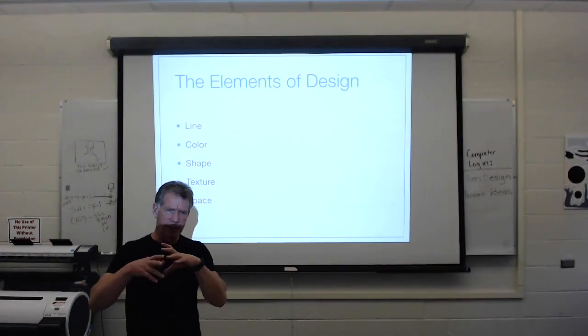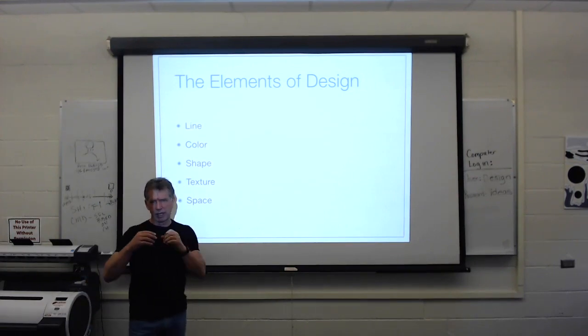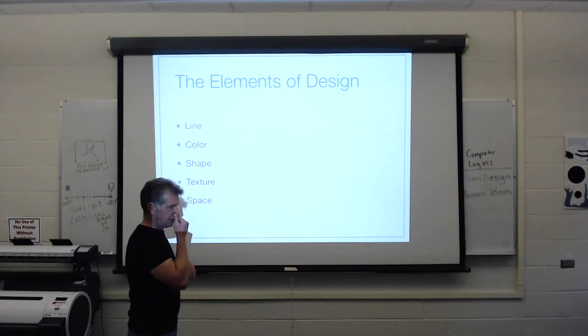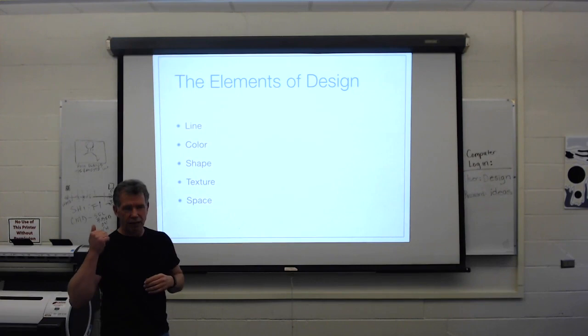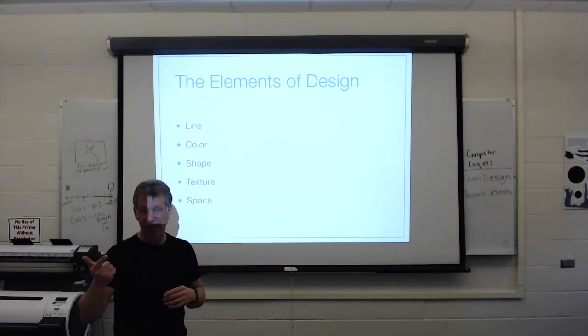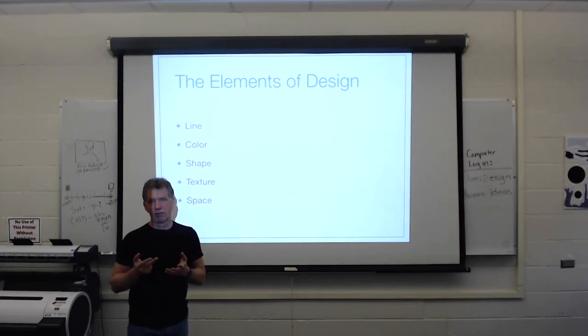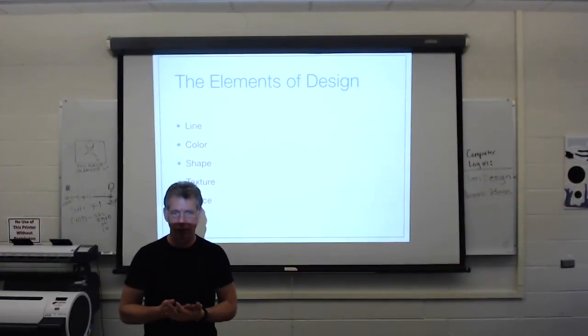Shape. Shape, if you remember, is just the form. And we can have multiple shapes that create one shape. It's one of the elements that people need to be aware of. And then texture. We have implied texture, invented texture, we have actual texture. There's a lot of ways that we could look at this. If we look at a cat, it has real texture, right?